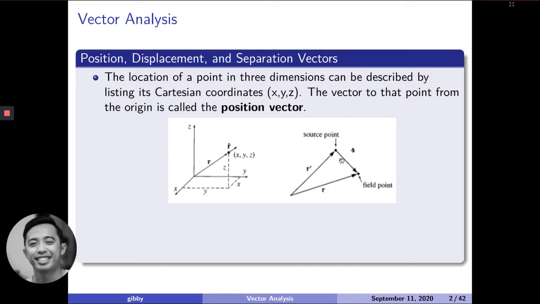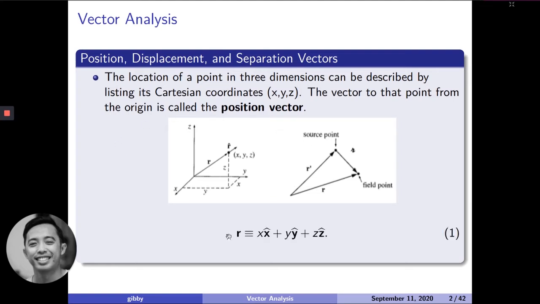And then there is the distance between the source point and the field point. Most of the time in this course, we will be utilizing the script r, the separation distance between the source point and the field point, and we don't have to worry about the origin anymore. It's just the distance between these 2 points in question.